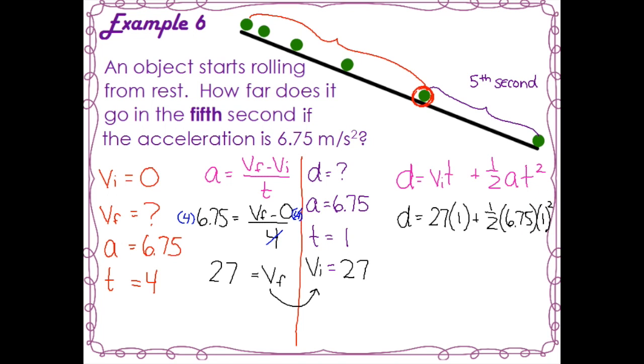Just a little simplifying. 27 times 1. 1/2 or 0.5 times 6.75 times 1. 3.38. I just add. It goes 30.4 meters in that 5th second.